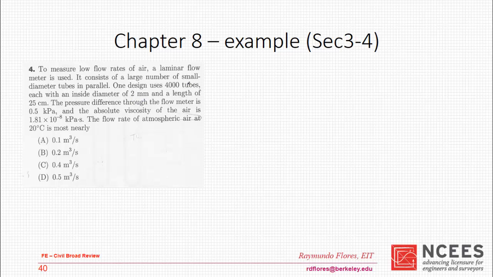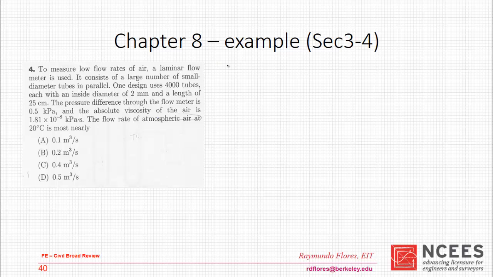So then it says one design uses 4,000 tubes, each with an inside diameter of 2 millimeters and a length of 25 centimeters. The pressure difference through the flow meter is 0.5 kPa, and the absolute viscosity of the air is given. The flow rate of atmospheric air at 20 degrees Celsius is most nearly what?